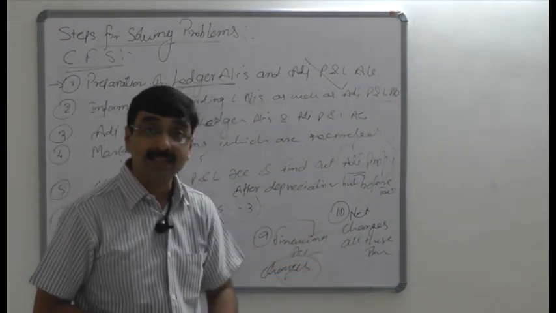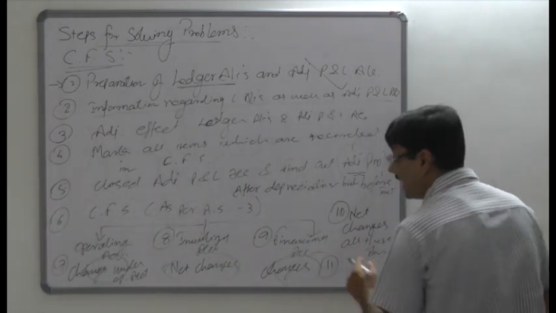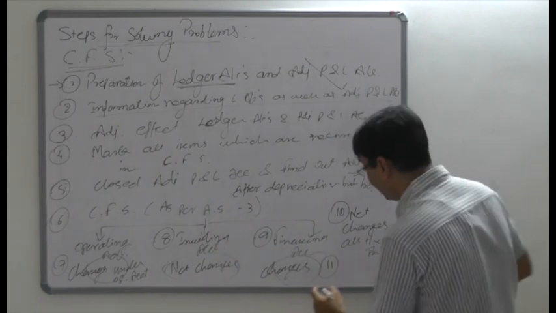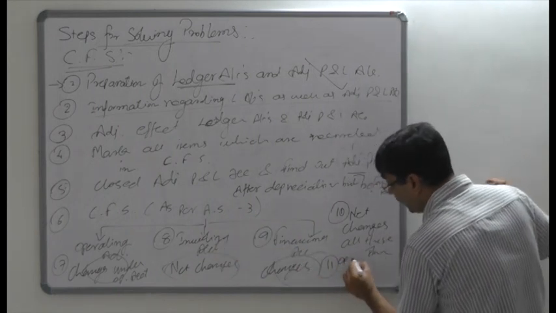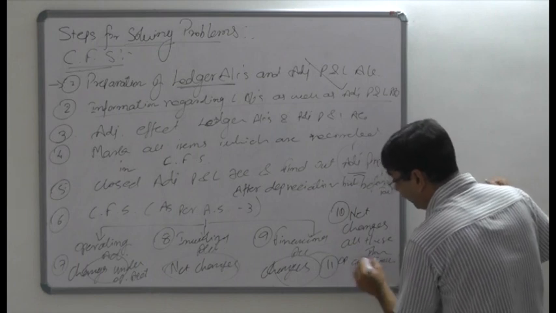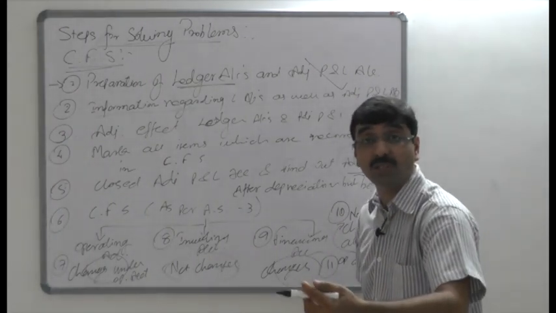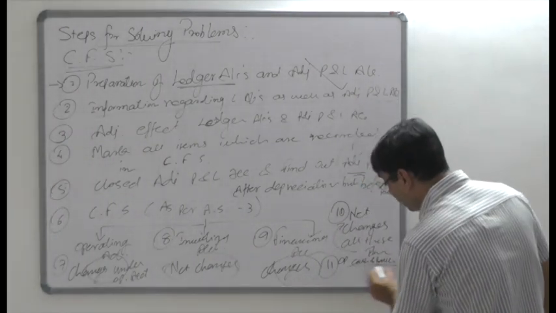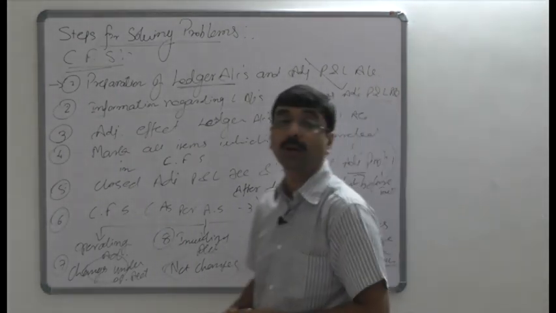It's your next step. And the last step is, with these net changes of all these 3 activities, you add the opening cash and bank balance into the net changes of these 3 activities, and the closing balance comes, and that closing balance would be your answer.